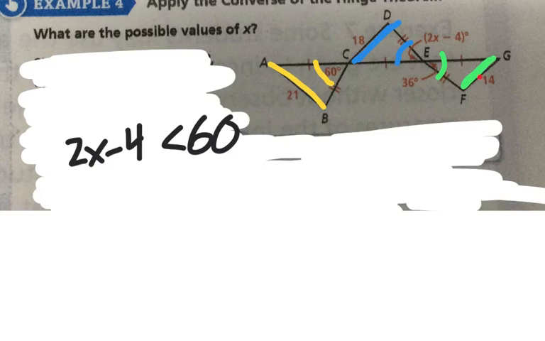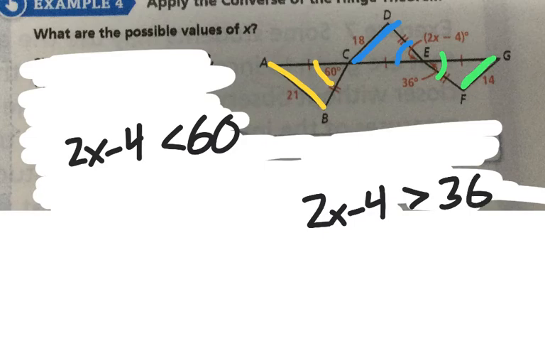So because 14 is less than 18, that means 36 degrees is smaller than 2x minus 4. So we could also say that 2x minus 4 must be bigger than 36 degrees. So the blue angle is smaller than the yellow angle, but the blue angle is bigger than the green angle.